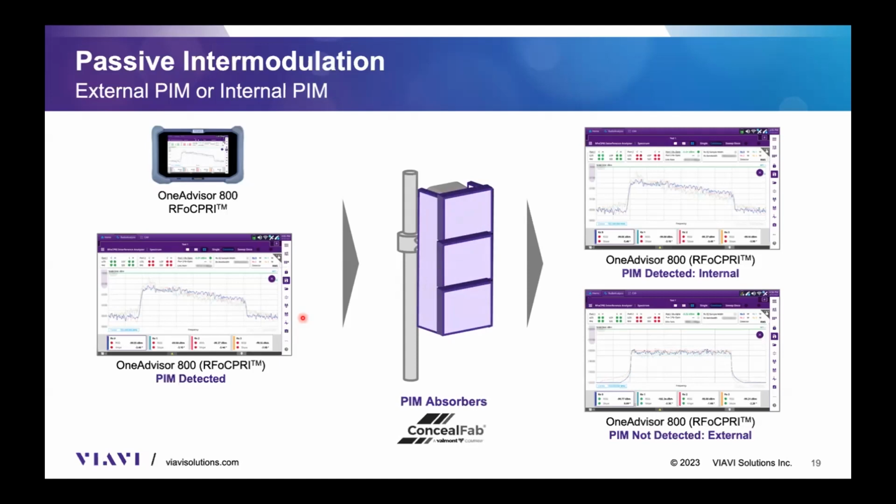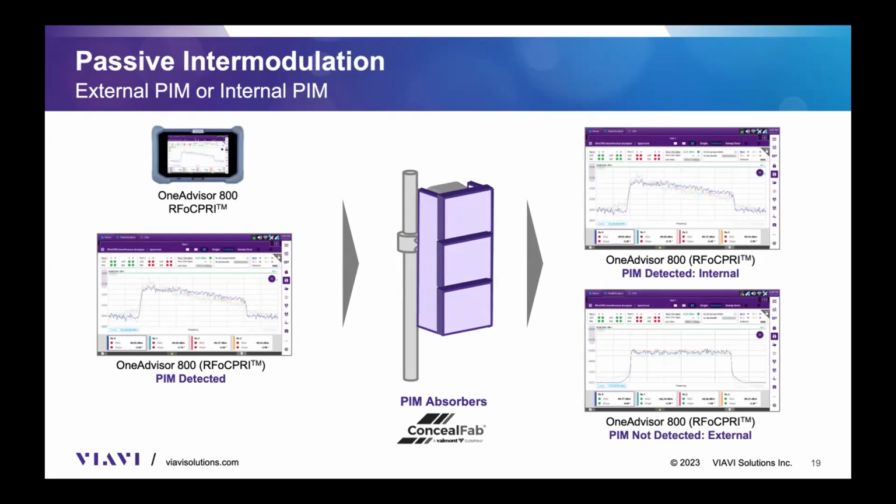So again, we used Concealed Fab as an example to put absorbers, and it all depends on the behavior of that PIM that we can assess or determine if it's internal or external. So if PIM goes away, then it's external. If it's still there, then it's internal.